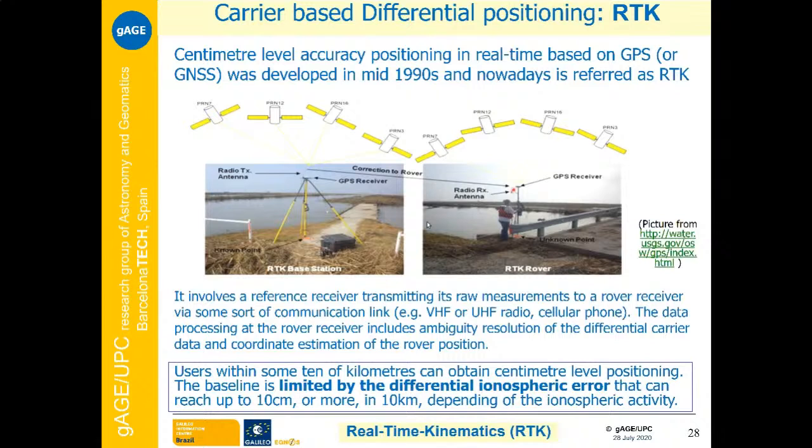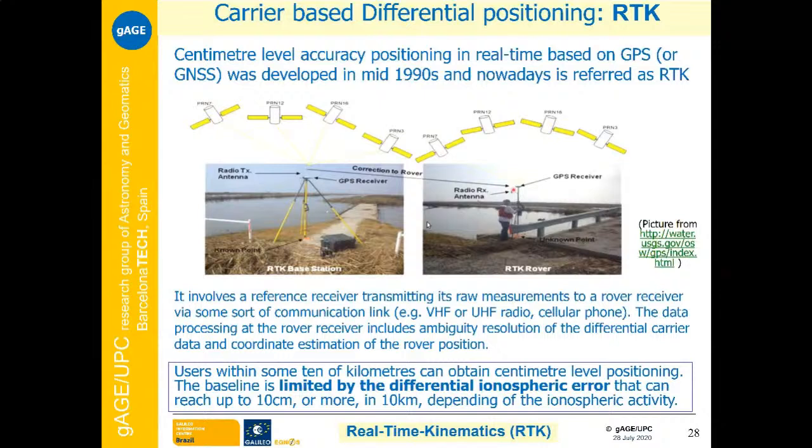This means we assume that the reference station and user receiver see similar errors, and these errors cancel when we take differences between the measurements. But this is not true when the reference station is far from the user receiver. There is a limitation in the baseline.